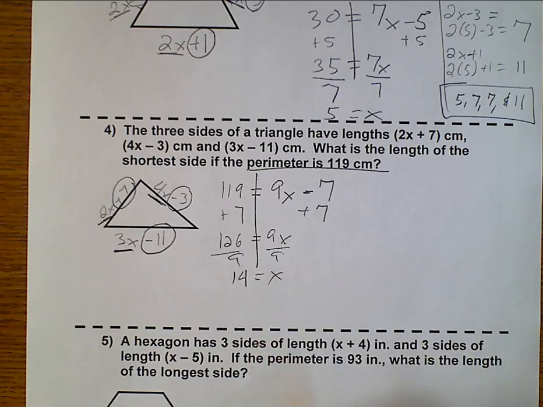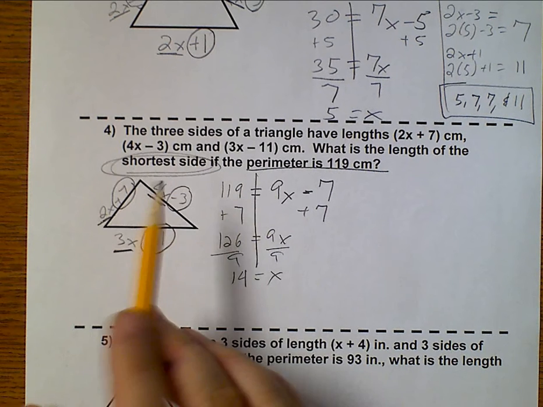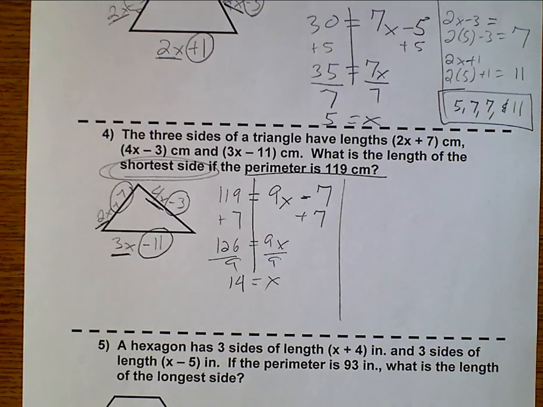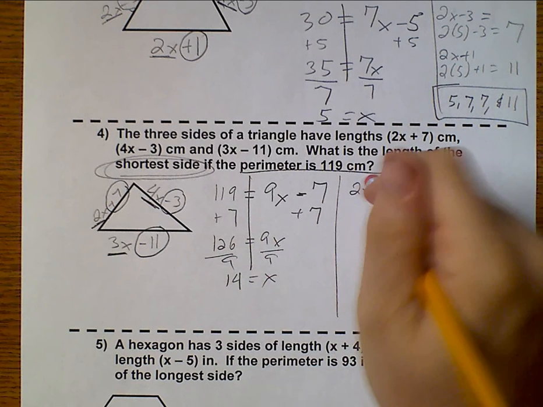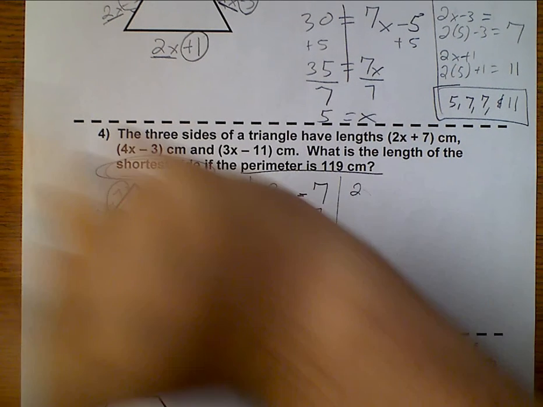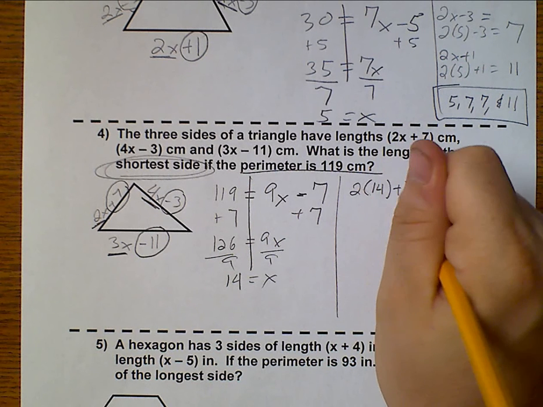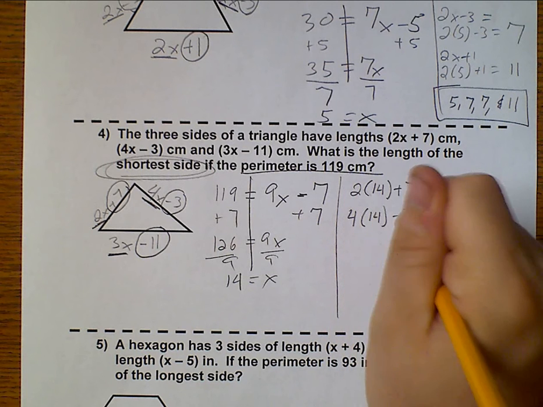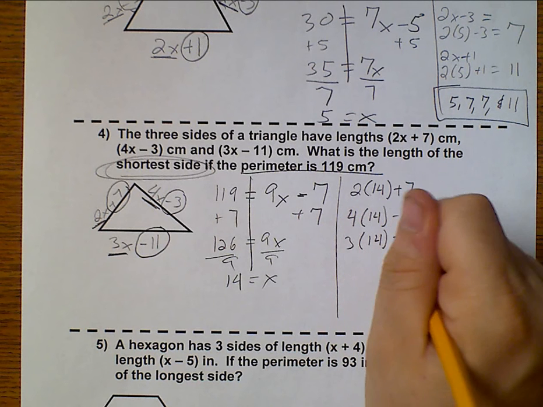So we're told that x equals 14, but we want to know the shortest side. So I'm going to need to find all 3 sides just to confirm which one is the shortest. So 2 times 14 plus 7. 4 times 14 minus 3. And 3 times 14 minus 11.